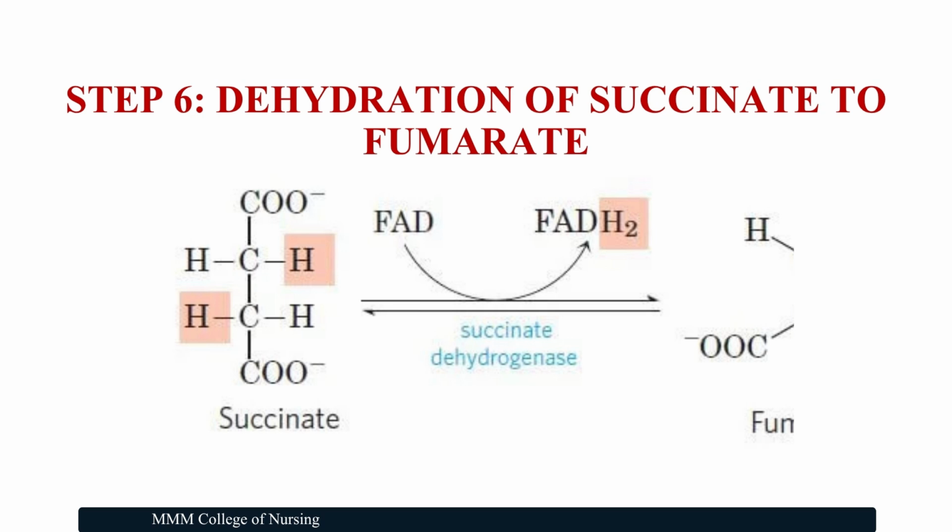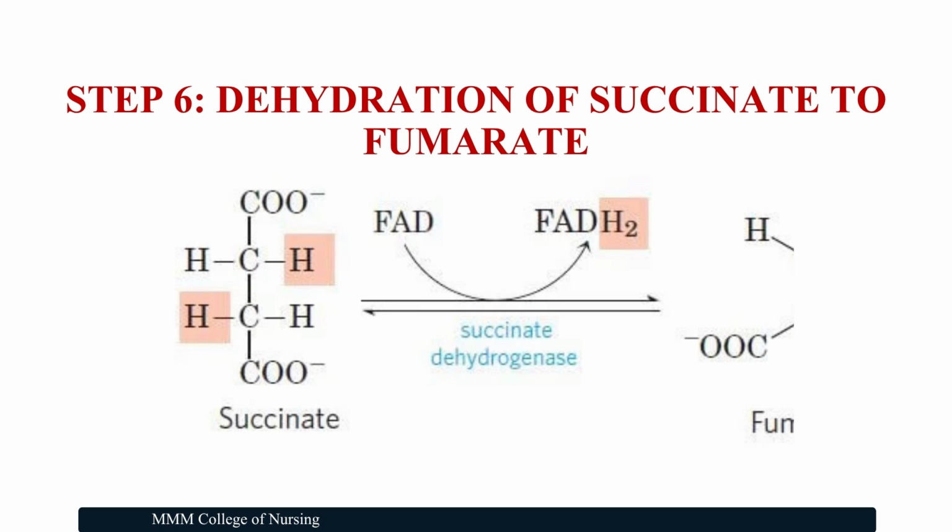So FAD gets reduced to FADH2. Why does it matter? Because FADH2 carries slightly less energy. It produces only 2 ATP when processed by the electron transport chain, compared to NADH, which gives 3 ATP.